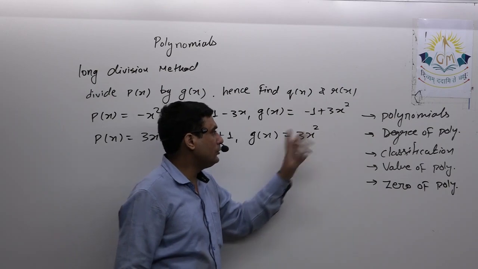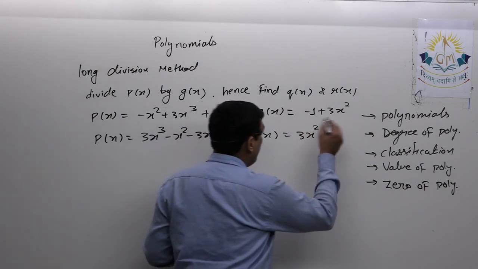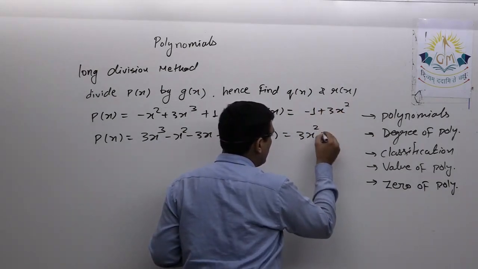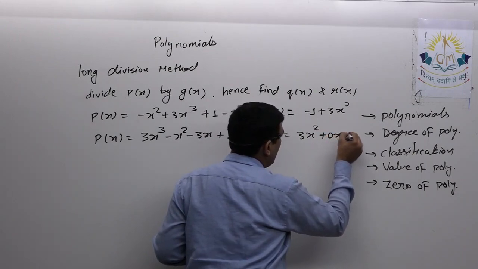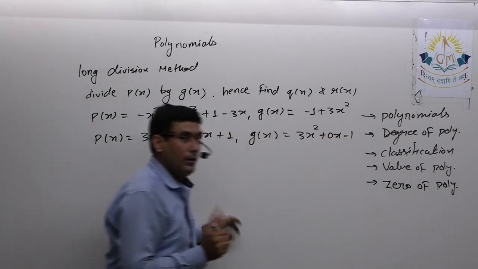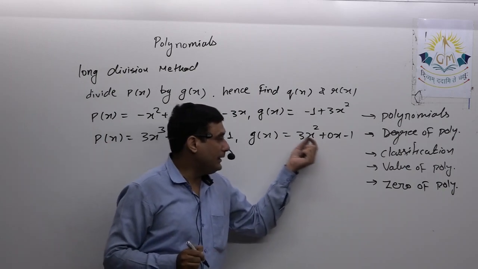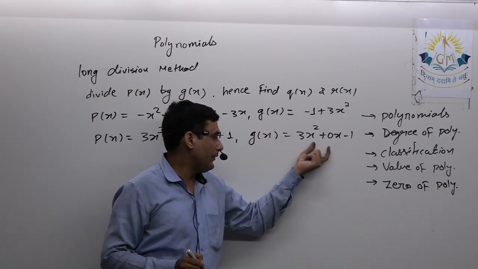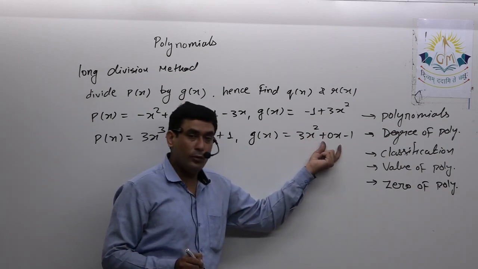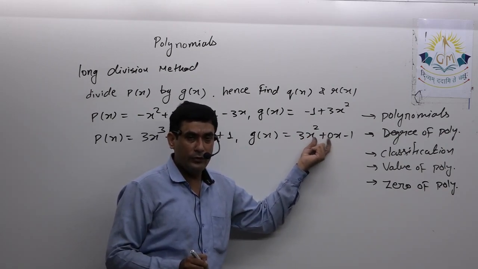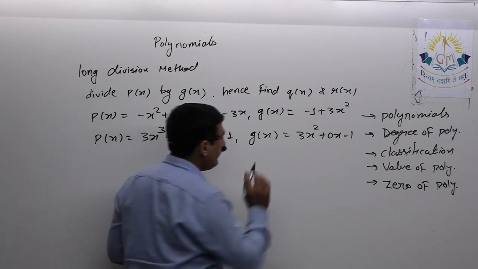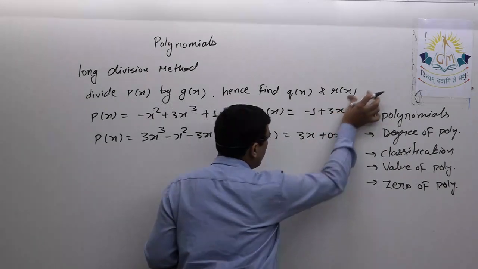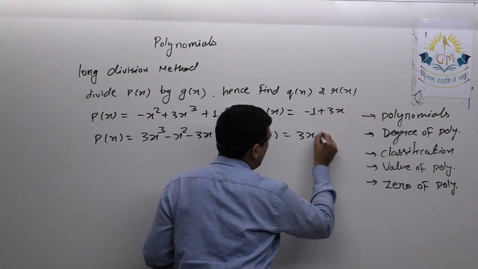So after the term of power 2 there should be a term of power 1, which is not in the given expression, so I write 0x, and then minus 1. If any term is missing while writing in perfect order, we include that term with coefficient 0. The divisor is 3x minus 1.